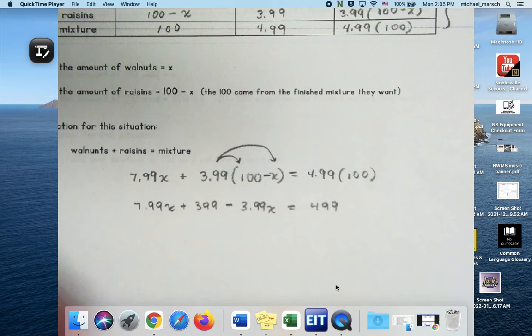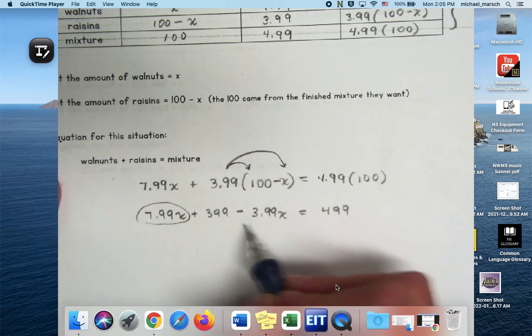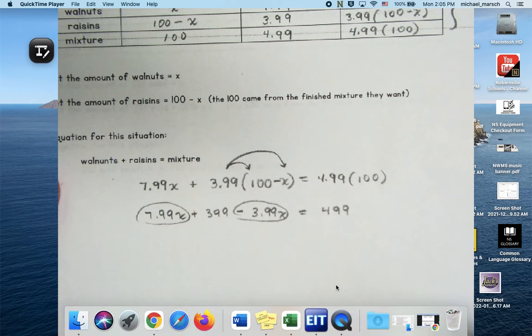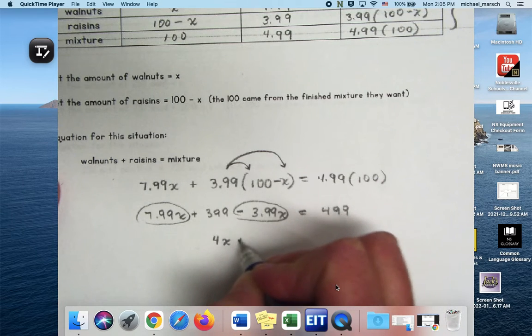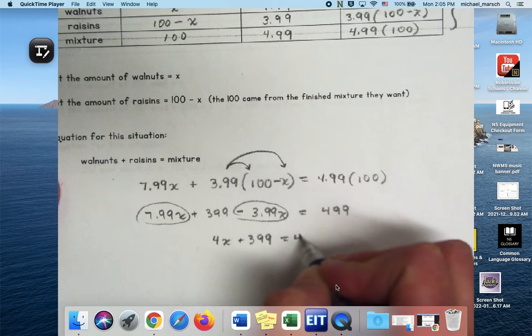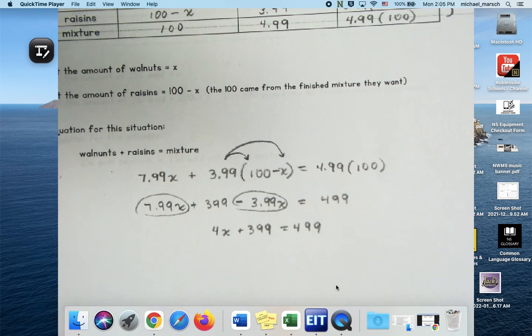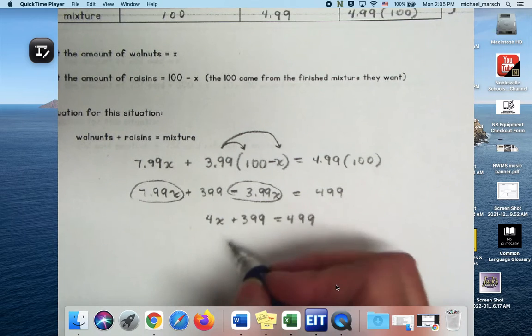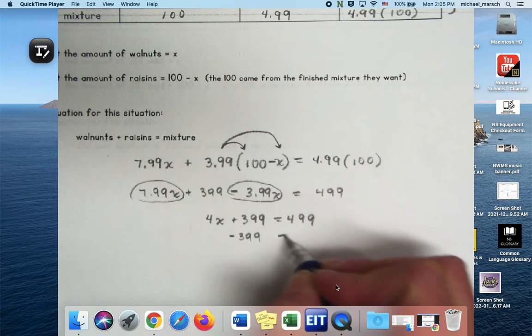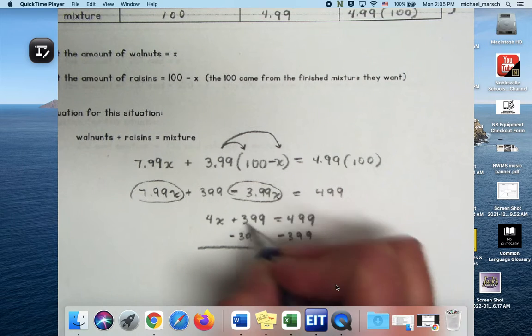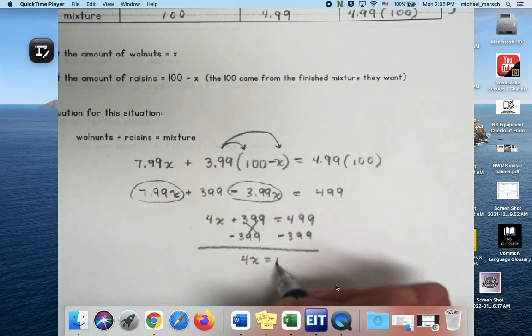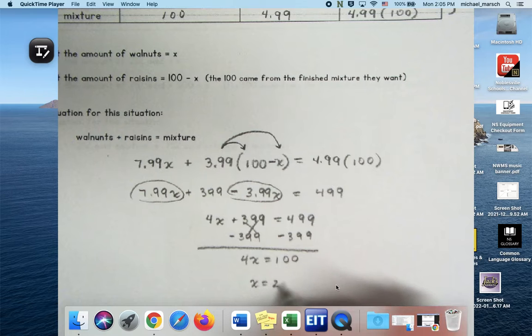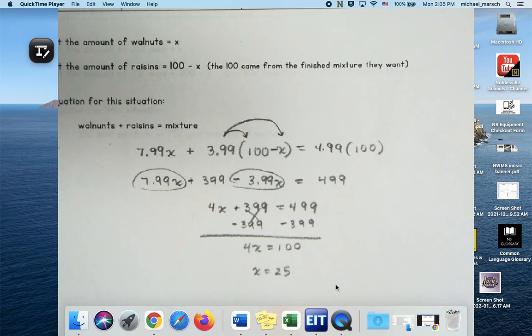Okay. So I have some like terms here. 799x minus 399x is 4x. Subtract the 399 from both sides. I get x equals 25.